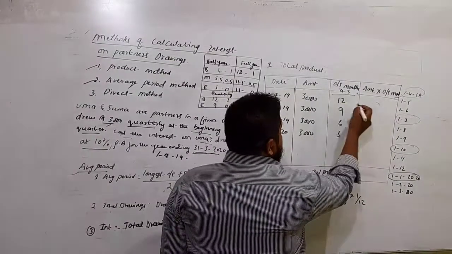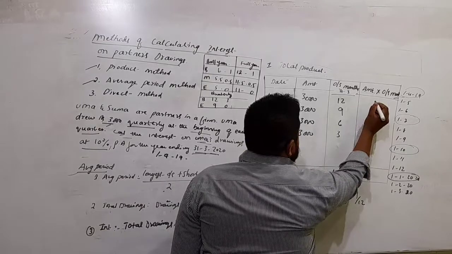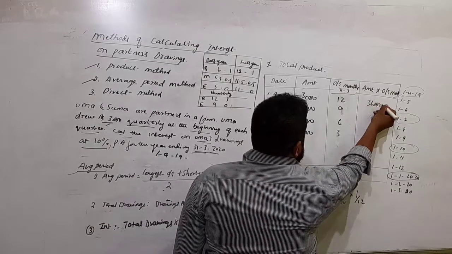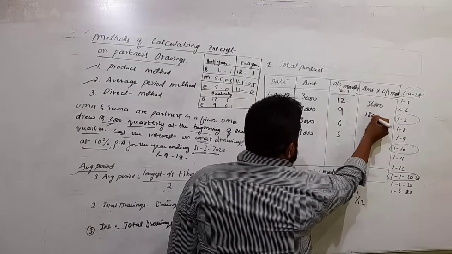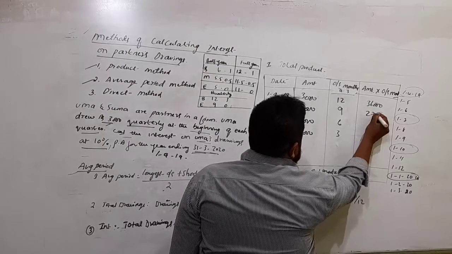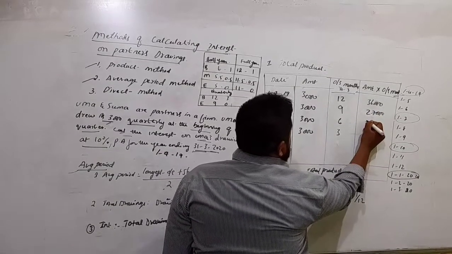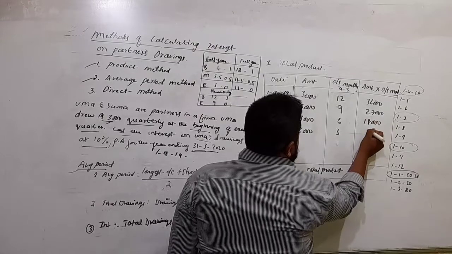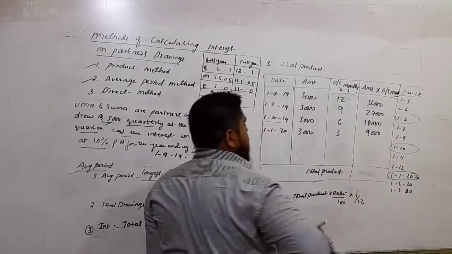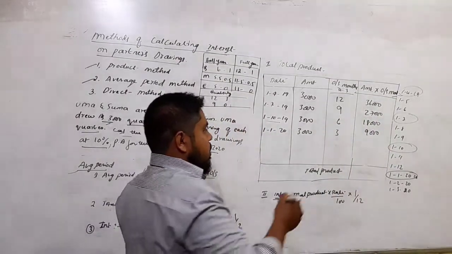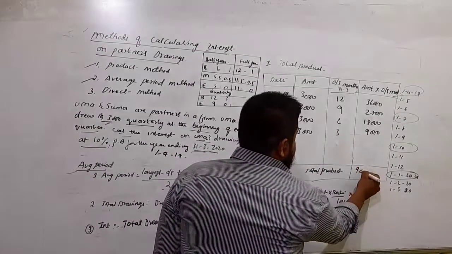Now, amount into outstanding months: 3,000 into 12, next 9, next 6, next 3. So total product is 90,000.